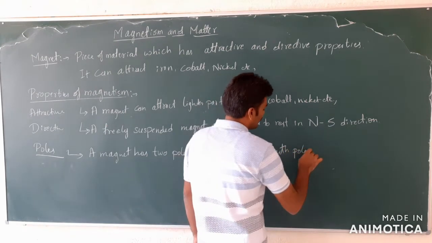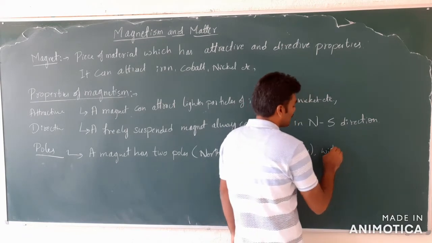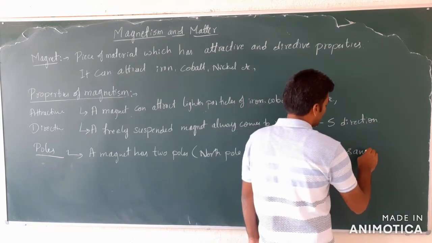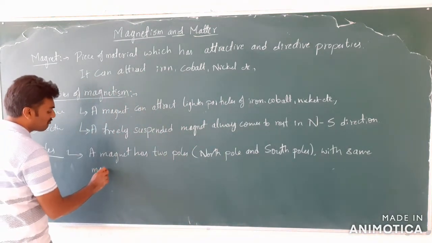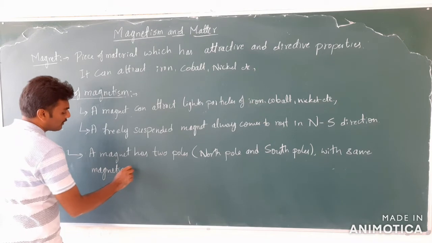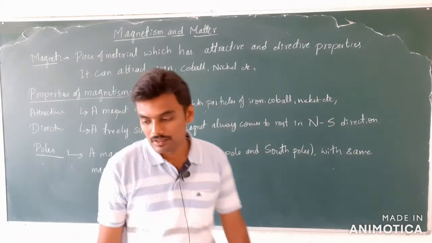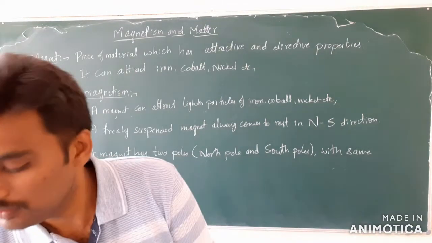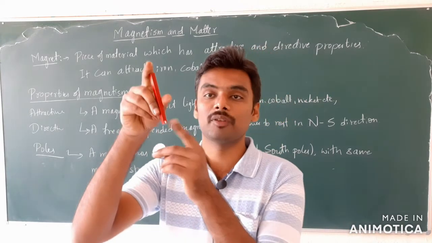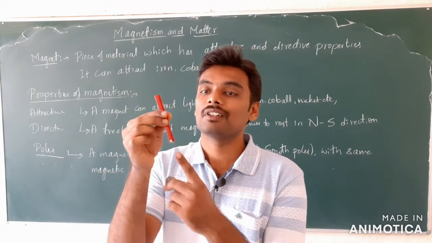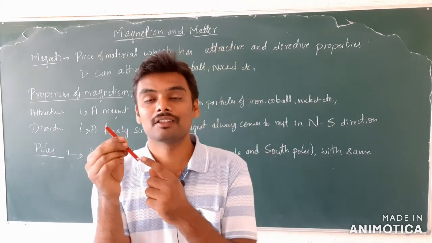Okay, two poles, north pole and south pole, with same strength. Okay, or you can say with same magnetic strength, which means, see, this is north pole of the magnet. Okay, what is magnetic strength?